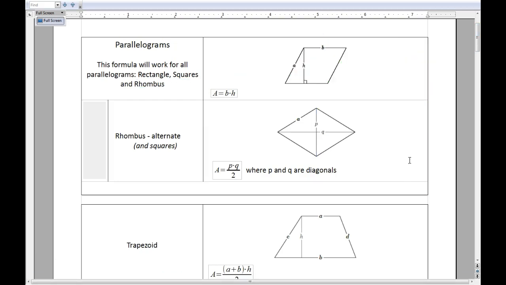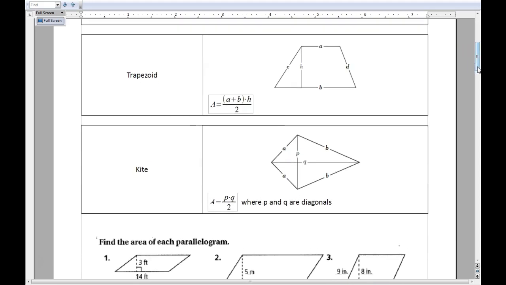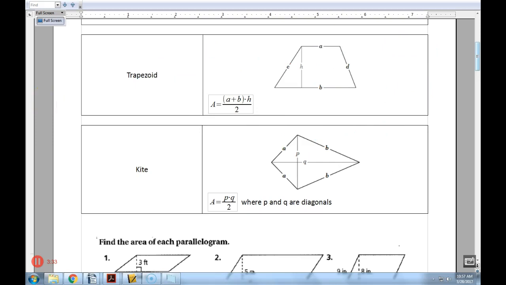Moving on down, we go into the trapezoid, which is probably the most complicated formula out there, because it's kind of like a rectangle and a parallelogram. The problem is, in a parallelogram and in a rectangle, the two bases are the same. In a trapezoid you have this top base and this bottom base.